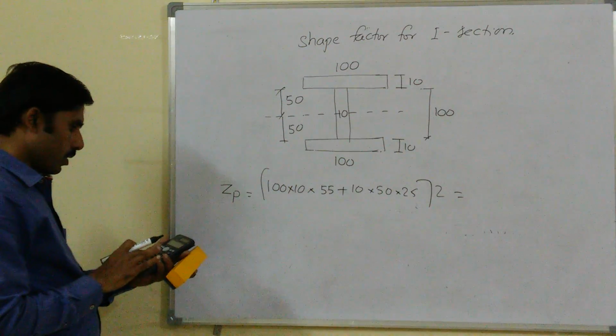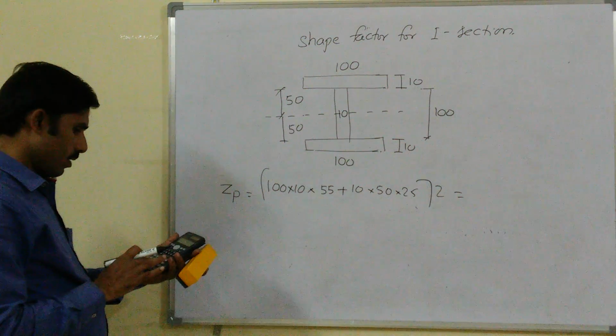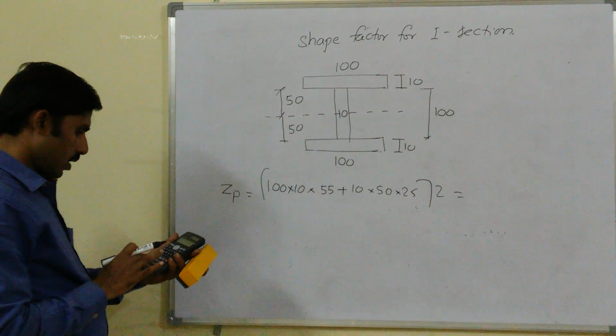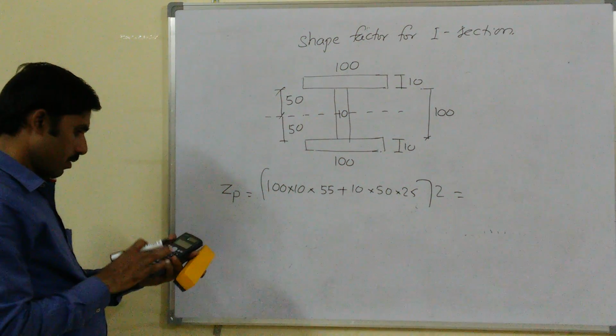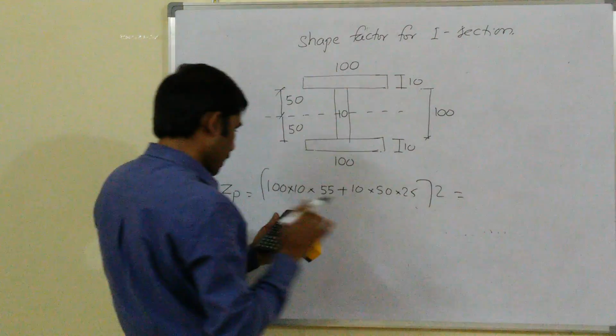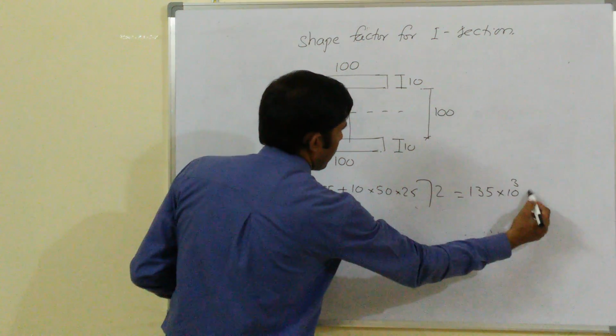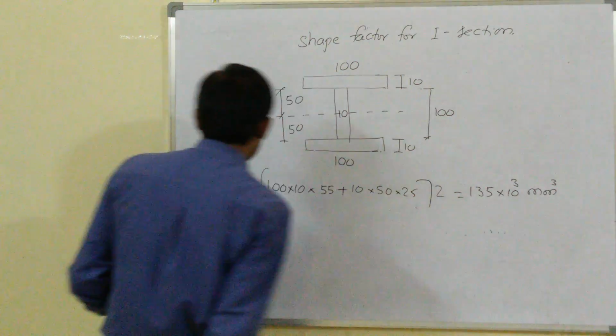So ZP equals 100 into 10 into 55 plus 10 into 50 into 25, close bracket, into 2, which is 135 into 10 cube mm cube. That is ZP.